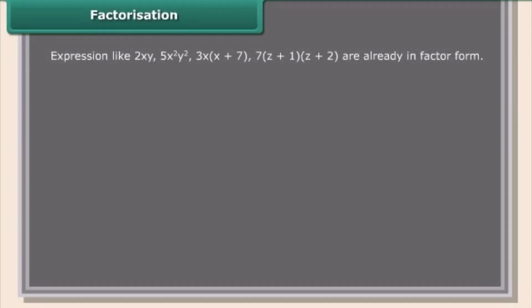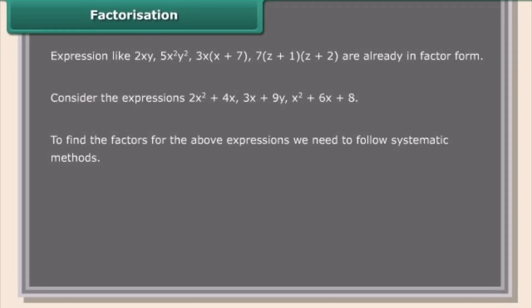Expressions like 2xy, 5x square, y square, 3x into x plus 7, 7 into z plus 1 into z plus 2 are already in factor form. Consider the expressions 2x square plus 4x, 3x plus 9y, x square plus 6x plus 8. To find the factors for the above expressions, we need to follow systematic methods.